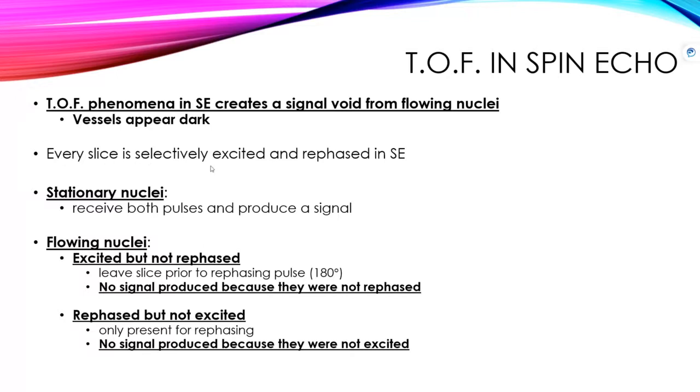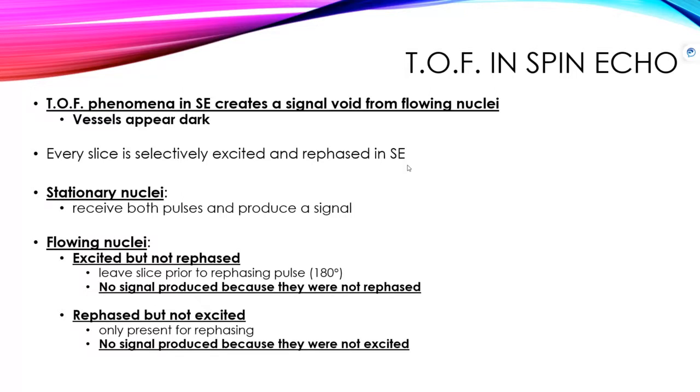Now, every slice is selectively excited and rephased in spin echo. That means that when we are pushing the excitation pulse into the patient, we're pushing it for that specific slice. And then we're rephasing for that specific slice.